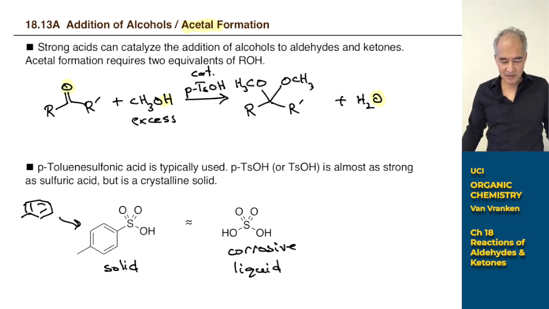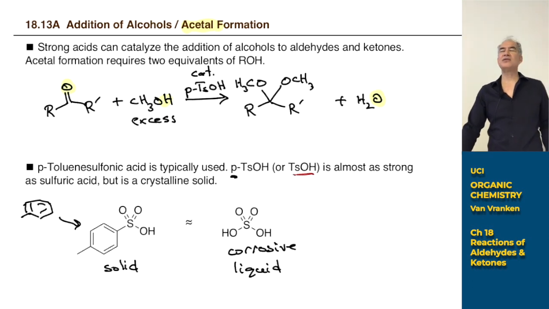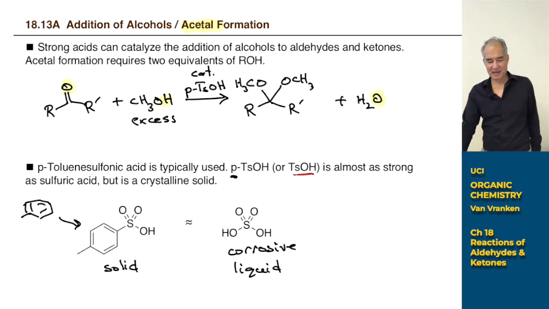Now, the sulfonic acid that they sell you has the methyl group at the para position. If you abbreviate this, and I might abbreviate this as TsOH, this is such a common acid catalyst that a lot of synthetic organic chemists like me will drop the para P symbol. We just write TsOH, and every chemist understands that it's the para-substituted isomer. That's the one that they sell that's inexpensive.